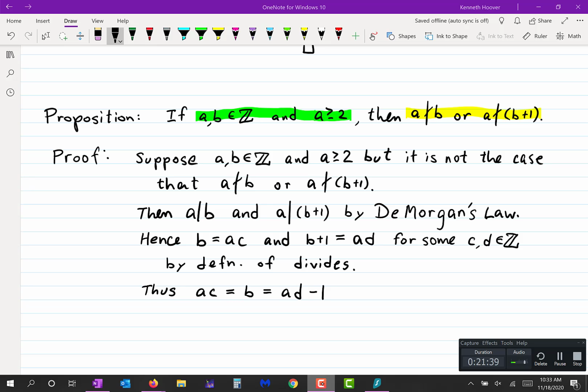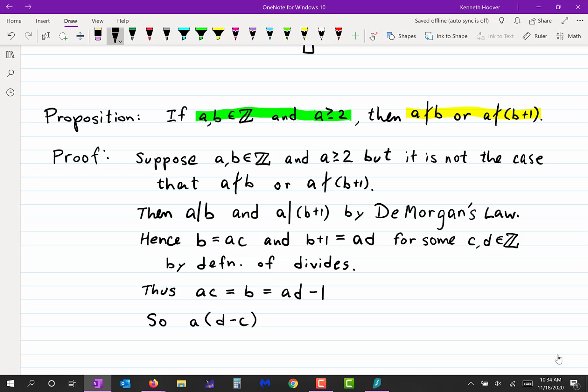Where can we go from there? And then I can say, so A times D minus C would equal AD minus AC, which would equal what? Look at the previous line.